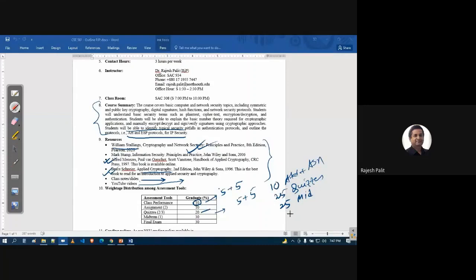Then 30 is the final, and 10 is the viva, for the time being. This is the tentative outline. What I can do: 5% is the attendance, 10% is the assignment, and 25% each for the quizzes, midterm and final.